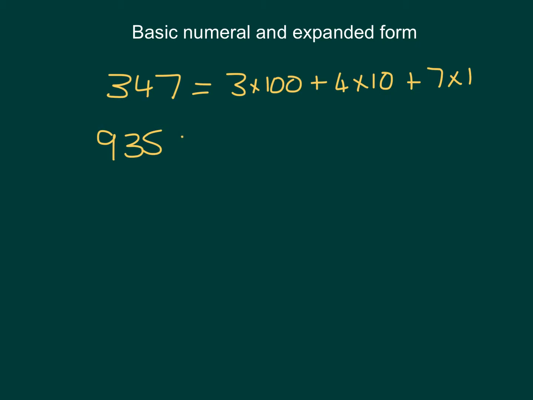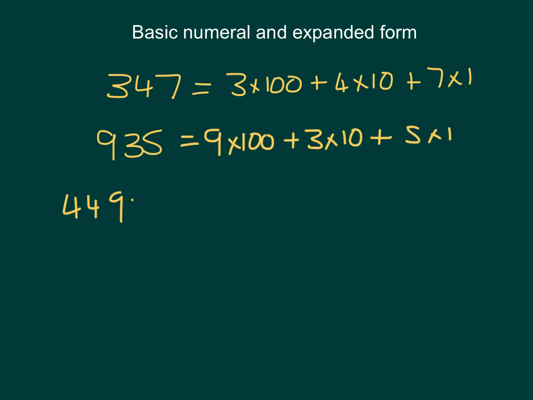How'd you go? Well, let's have a look. 9 by 100 plus 3 by 10 plus 5 by 1. Perfect. What about this one? 4,491. Give that one a go. Pause the video. Right, how do we go?